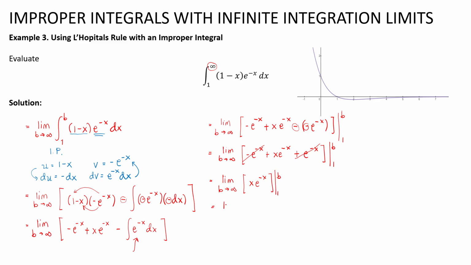Then applying the limits, for the first term this will be b e raised to negative b, and then minus, for the second term, 1, that will be e raised to negative 1. Simplifying, so you don't have to see negative exponents, you can express it as b over e raised to b minus 1 over e.